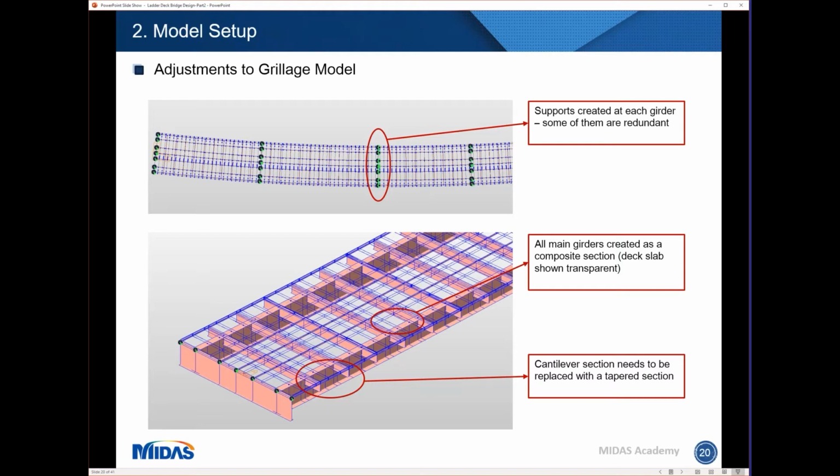So after the model generation, we may manually assign different section to the cantilever. Also note that for the grillage model, all main girders are created as composite section, and on this screenshot you can see that the deck slab portion of the composite section is shown as transparent.